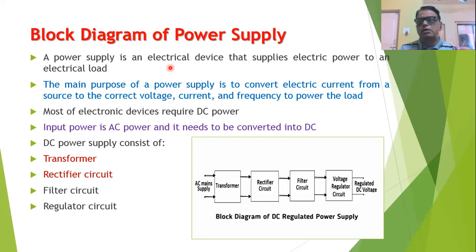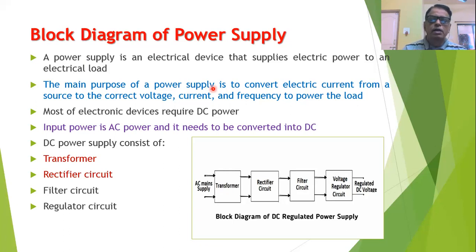So whenever we make use of electronic devices such as a computer system, mobile phone, radio receiver, or television system, all such electronic devices will require the power supply, and without it, no such device will work. The main purpose of the power supply is to convert the input electric current into the suitable form required by the device, because every device has a different requirement and the input may be different.